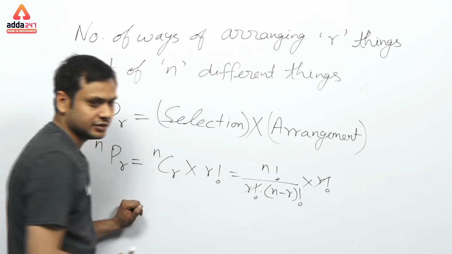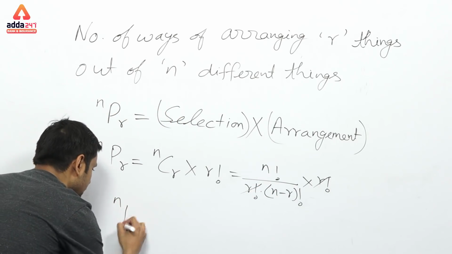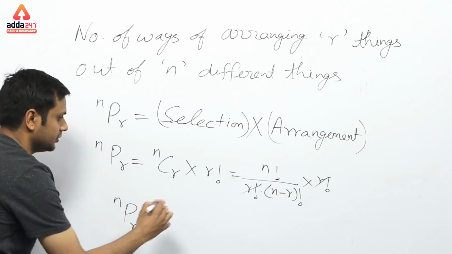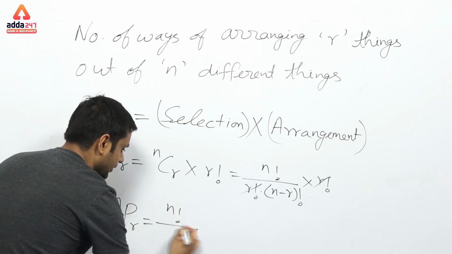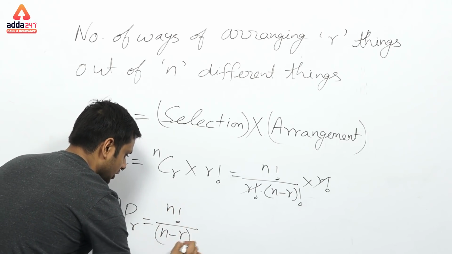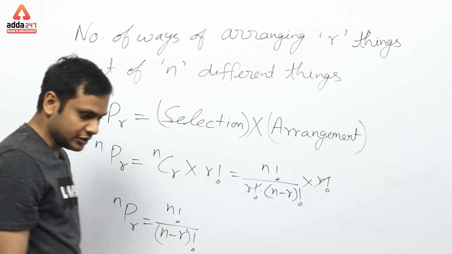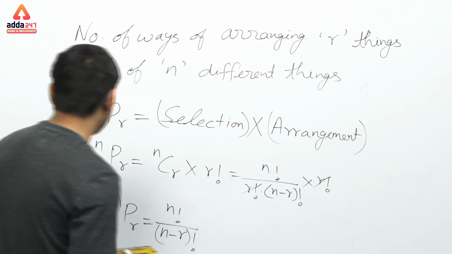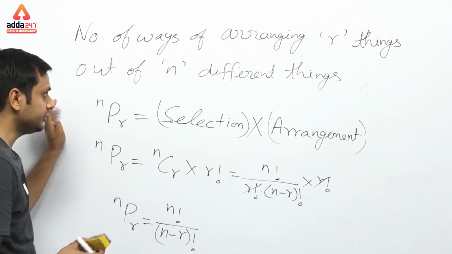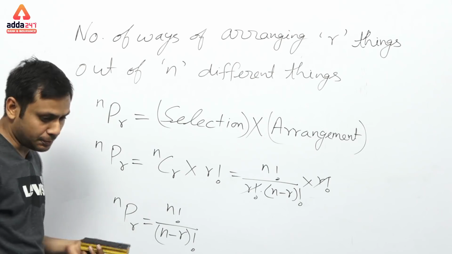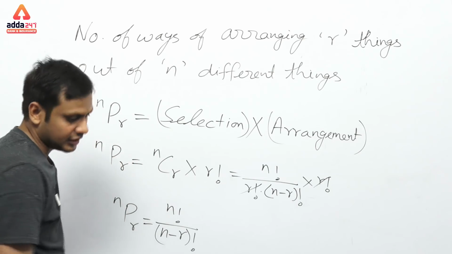This and this cancel, so NPR is n factorial divided by n minus r factorial. Hopefully this is clear, guys. How do we get NPR from NCR?